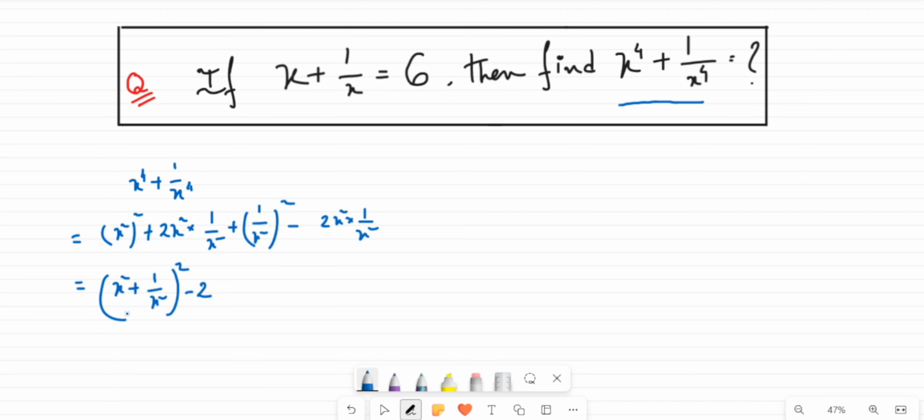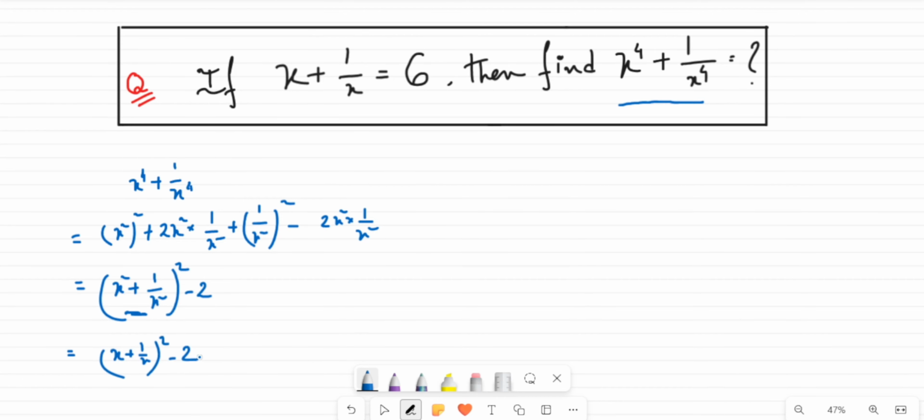If we further solve this form, we can write x square plus 1 by x square as (x plus 1 by x) whole square minus 2, right?